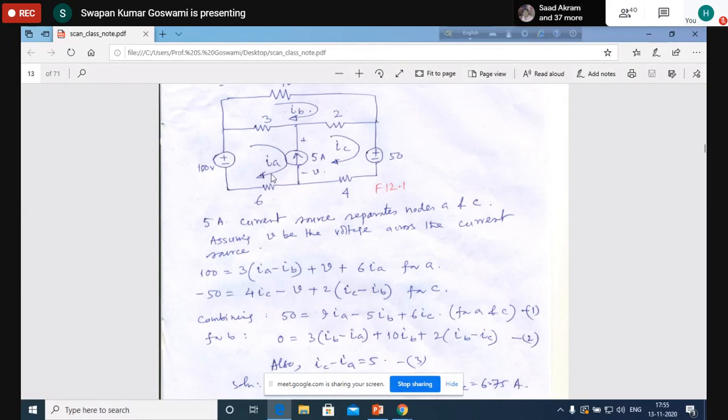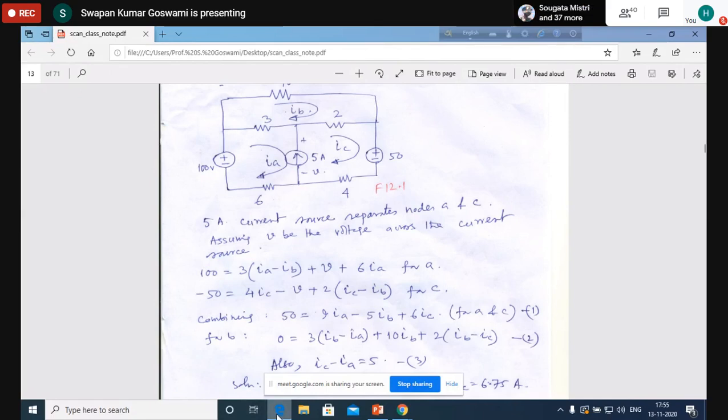This loop is actually enclosing two separate meshes. That's why it is called a super mesh. So this is a mesh, this is a mesh, but this outer mesh is the super mesh because it is enclosing two meshes, and we have written the equation for that.